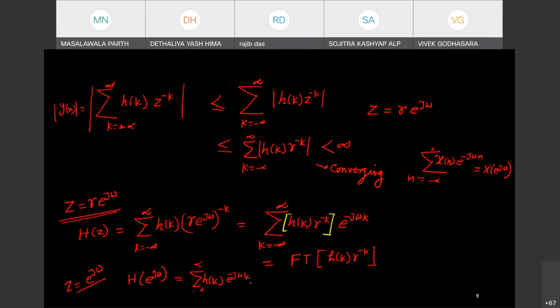It is the Fourier transform. Is it correct? So the meaning is that in the z transform domain, if you replace z by e to the power j omega, you will get the Fourier transform, the discrete time Fourier transform.